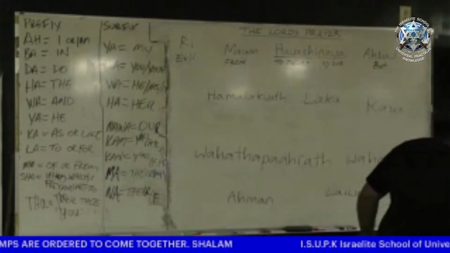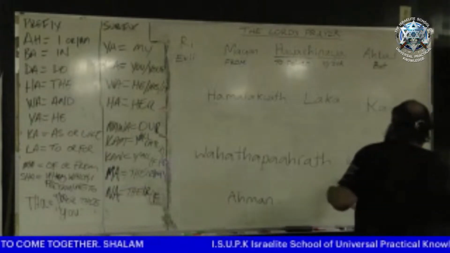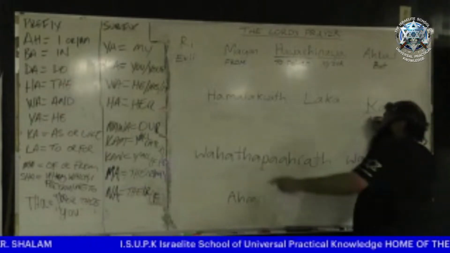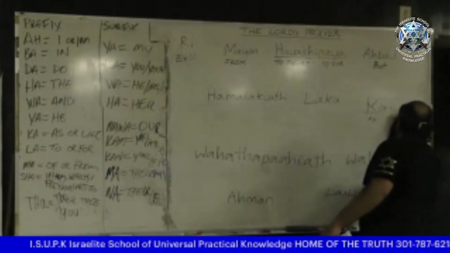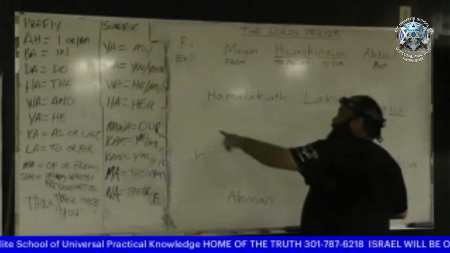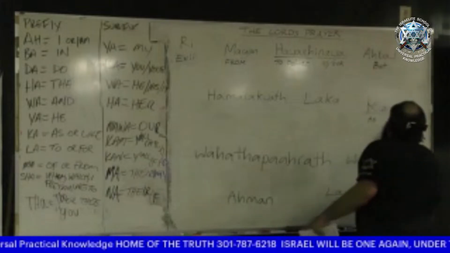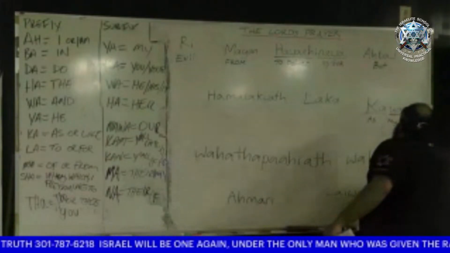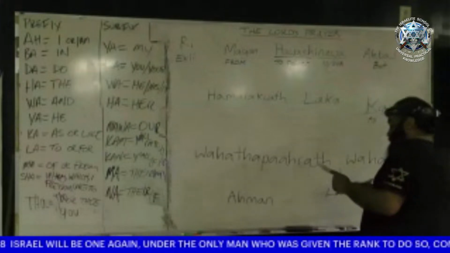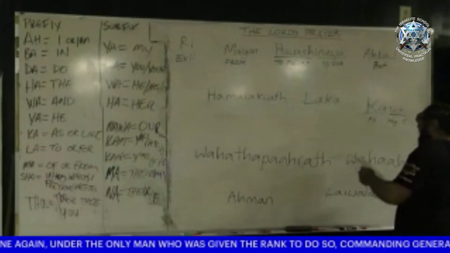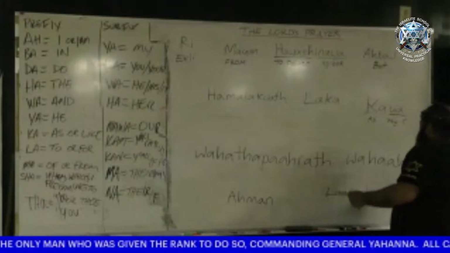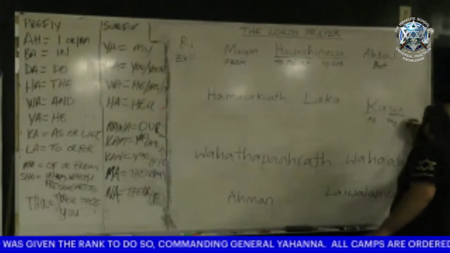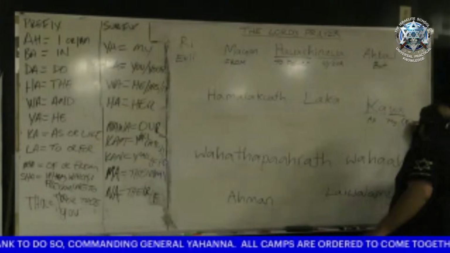Kaya is two prefixes put together. Ka, as, and then ya, my. So this is pretty much saying as, or for in this case, rather. For, as my. So for.